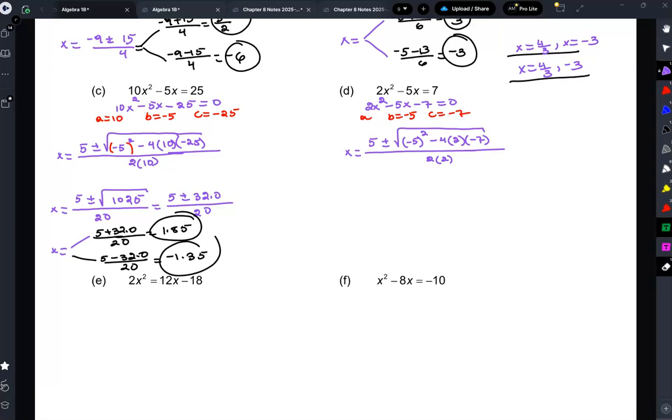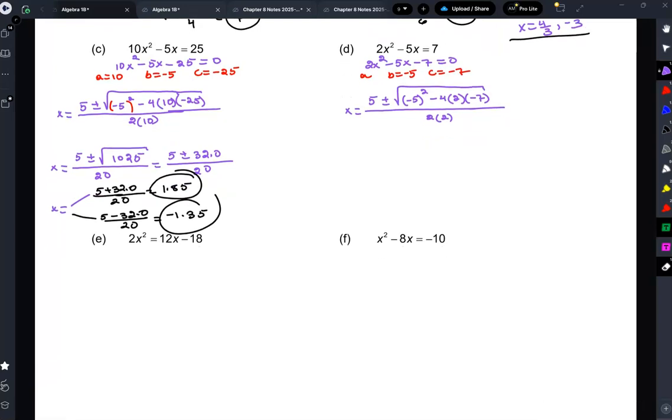Okay. So here, x equals 5 plus or minus the square root of what? Right? Go ahead and plug it in.